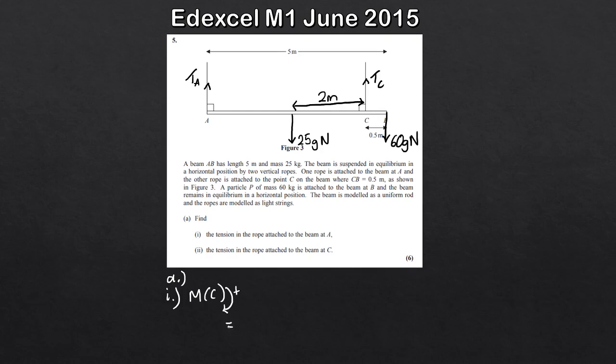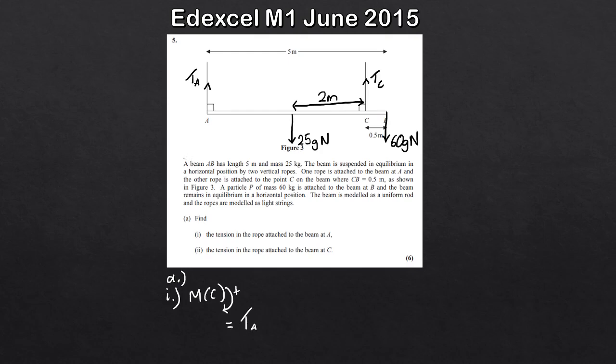So what would we get here? Well, first, let's consider the point A. I've got the tension in A. If I've got my finger at C here, and I push upwards here, the tension at A is going to go clockwise. So that would be positive. That's the tension at A. What else have we got?